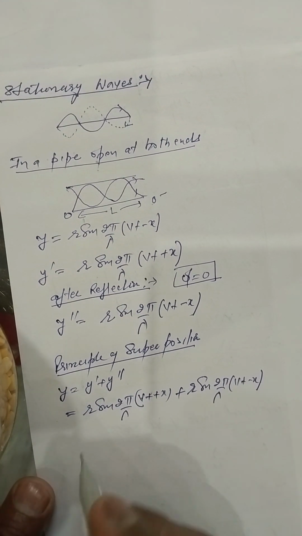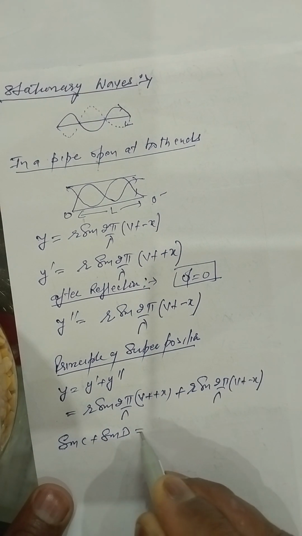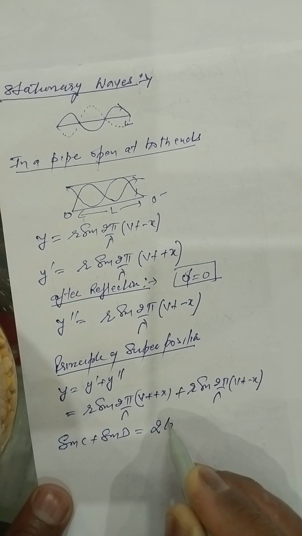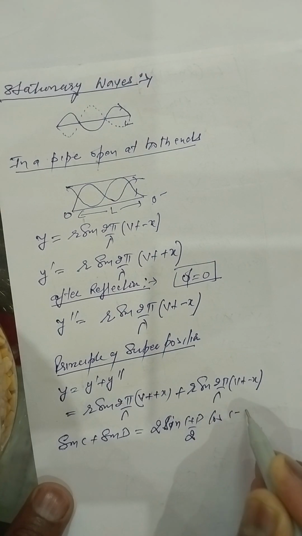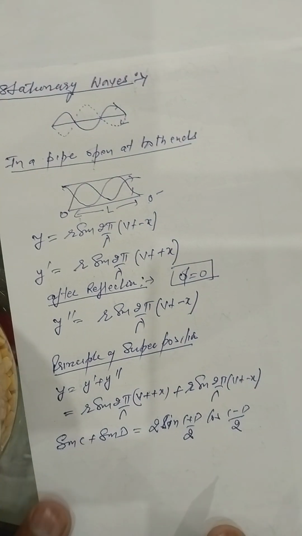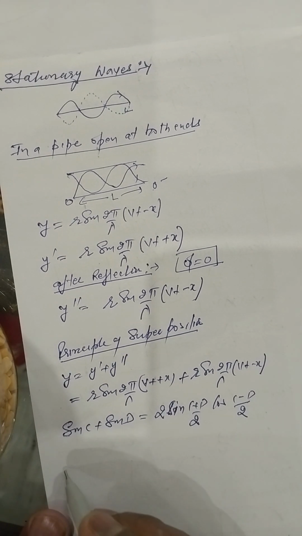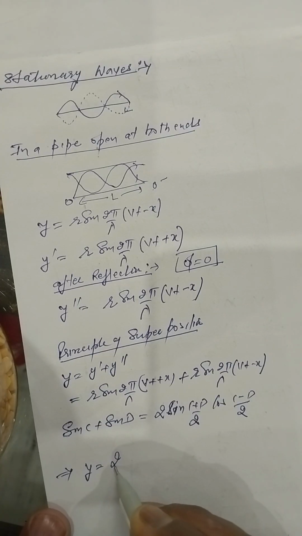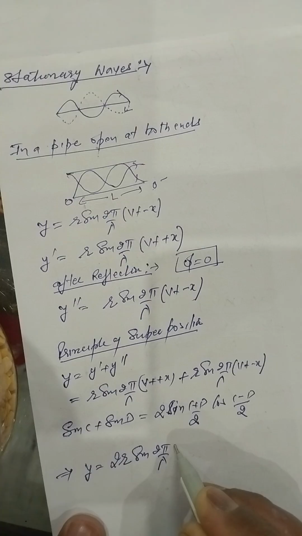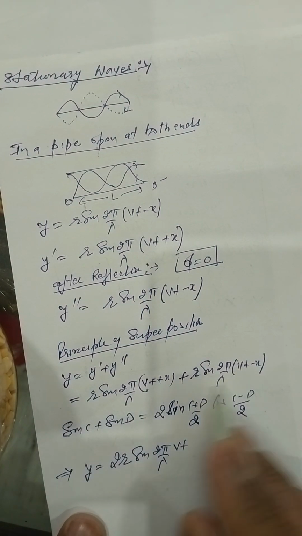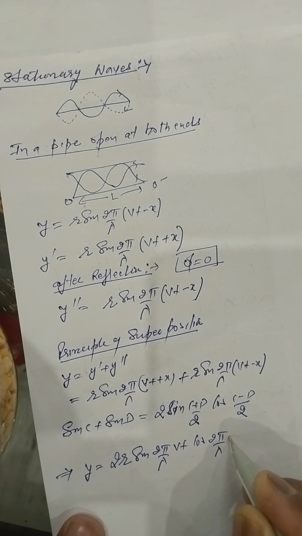Here we will apply the formula sin C plus sin D, which is equal to 2 sin (C+D)/2 into cos (C−D)/2. Unlike the cases we have studied earlier, now we will find that y will be equal to 2r sin 2π/λ Vt, because when they are added we get only Vt, and cos 2π/λ x.